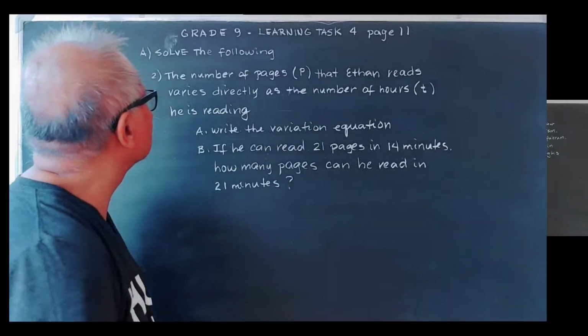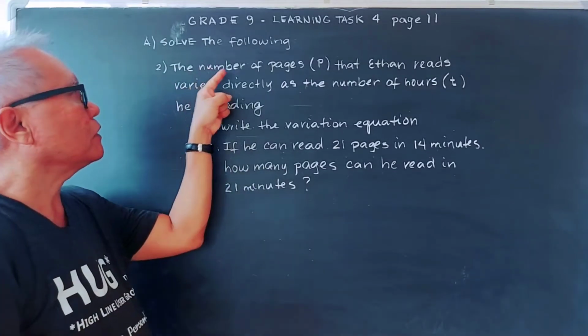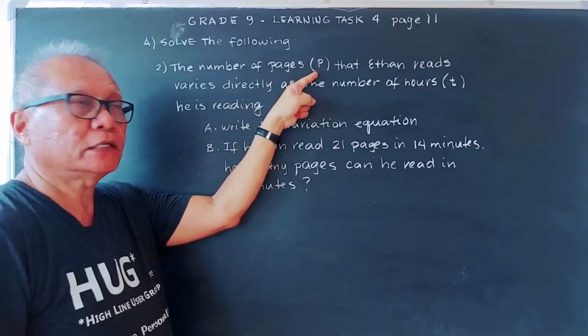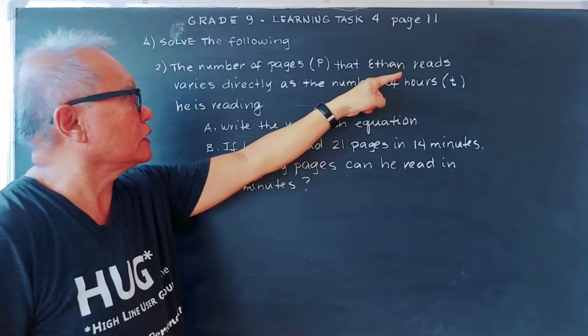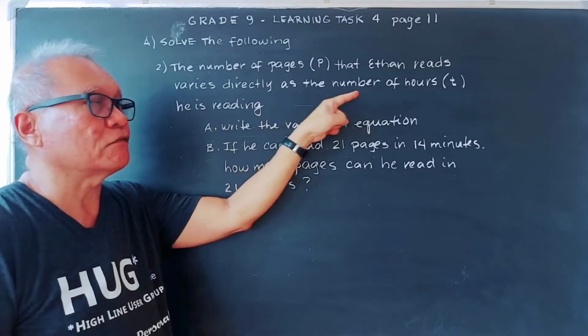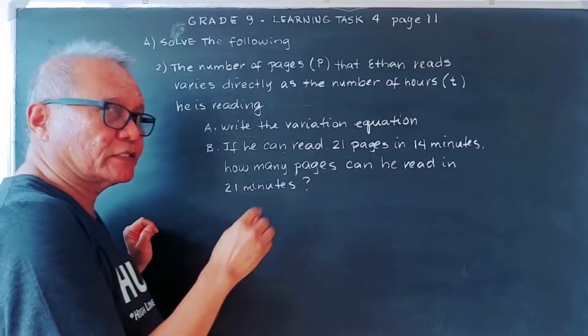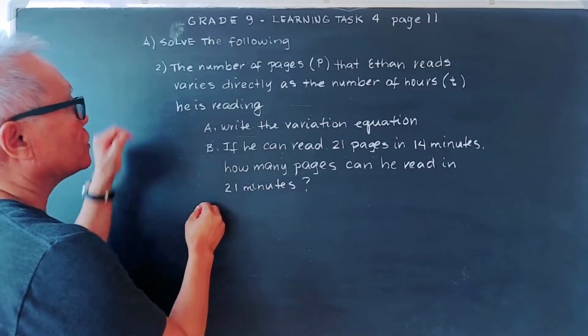And this is our answer. Number 2, we have the number of pages P that Ethan reads varies directly as the number of hours T. So, magawa tayo ng ating symbol, bagong equation.